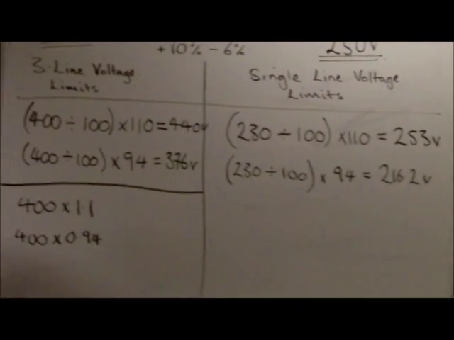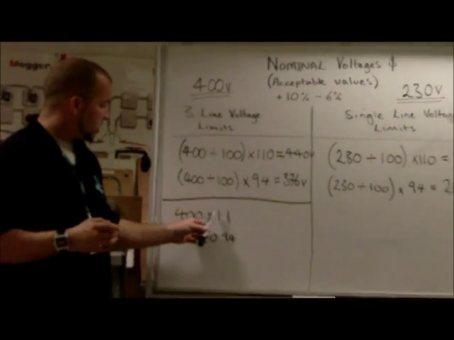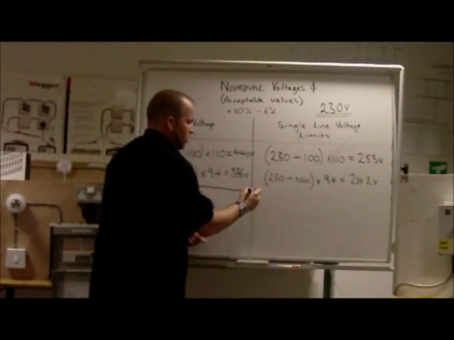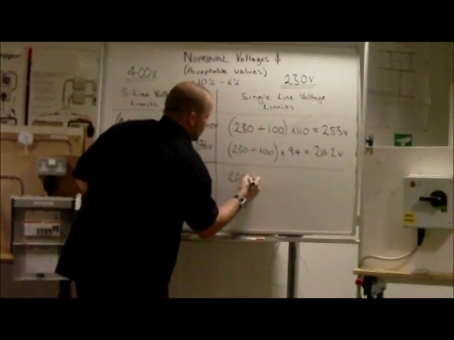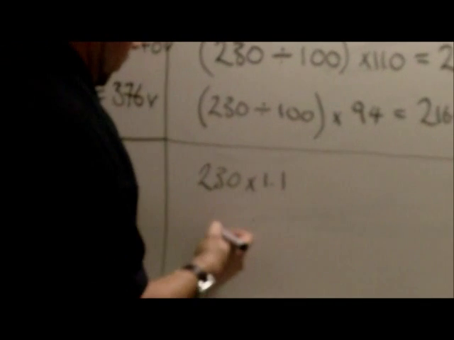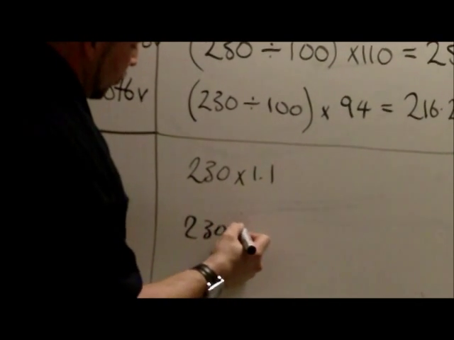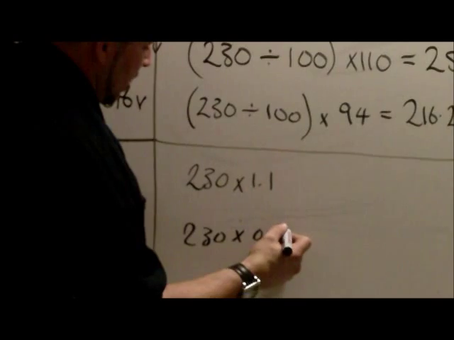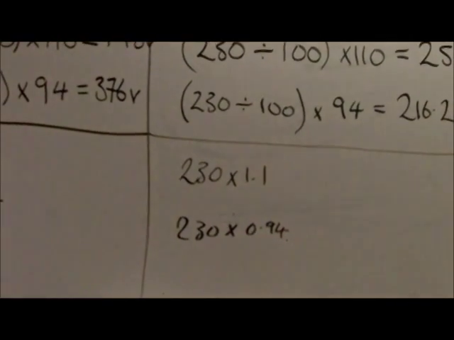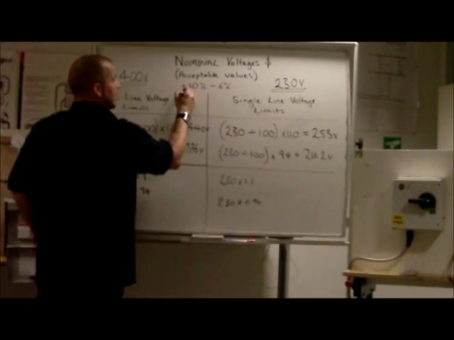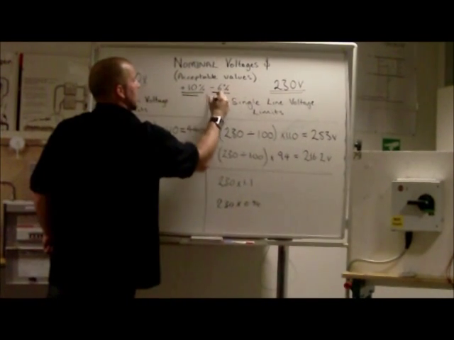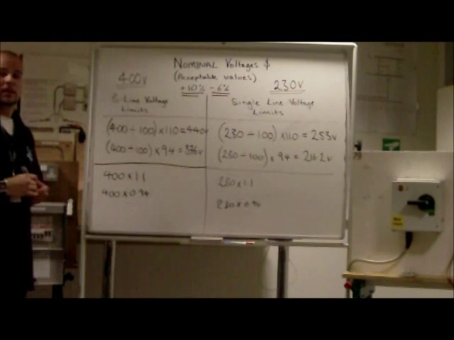We could do exactly the same principle as we did with 400 times 1.1. We could also do 230 times 1.1, and we could also do 230 times 0.94. And that's how we calculate the plus 10% and the minus 6% of our nominal voltage.